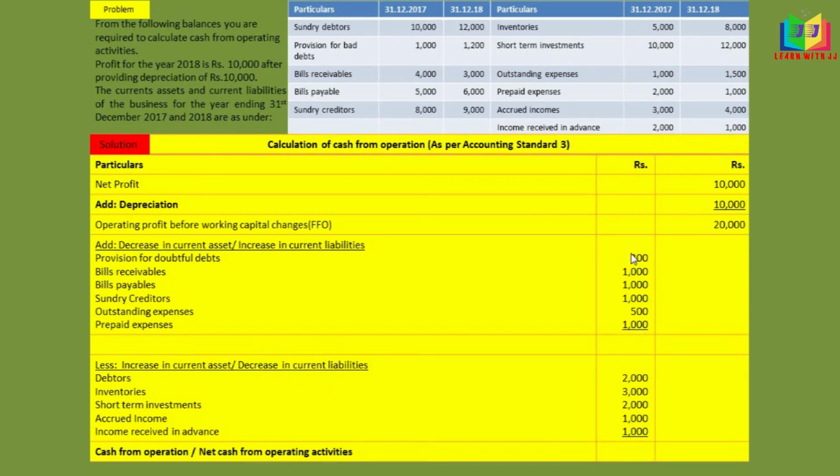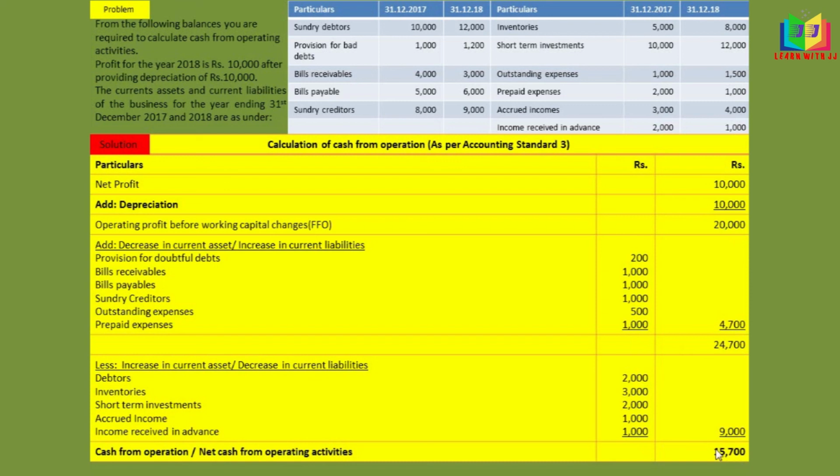If we add it, we'll get 4,700 and with this 20,000 we have to add that. 24,700 we will get, and if we add the items to be subtracted, we'll get 9,000 and we have to subtract this 9,000 from this 24,700. If we subtract it, we'll get 15,700.